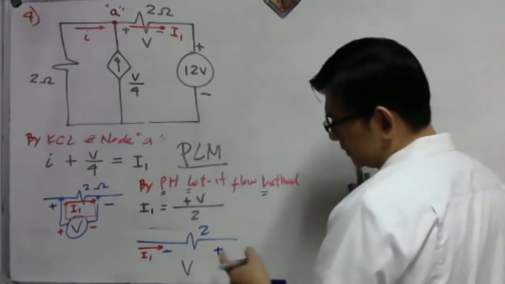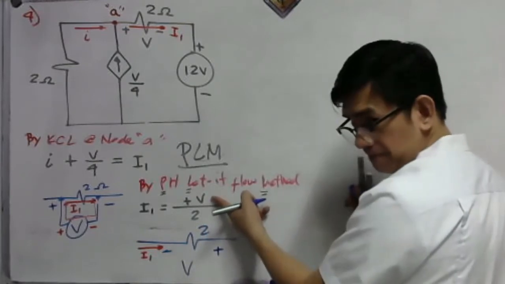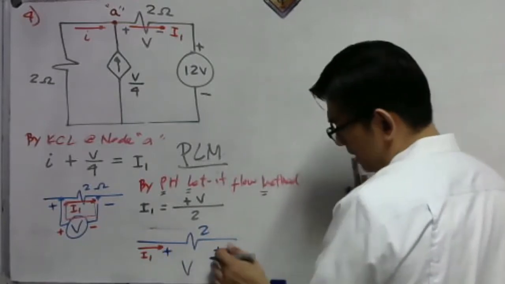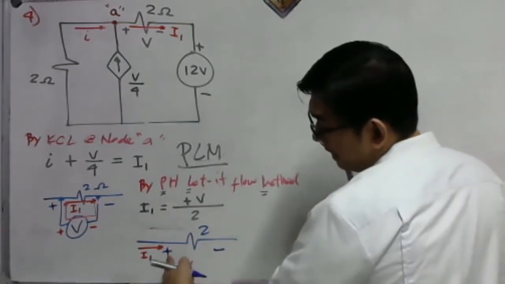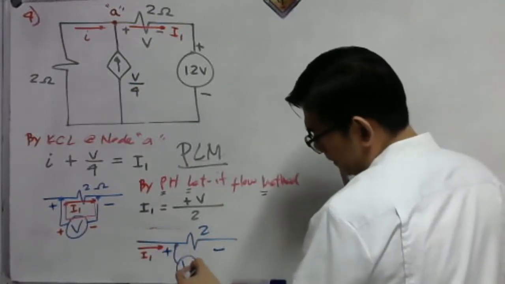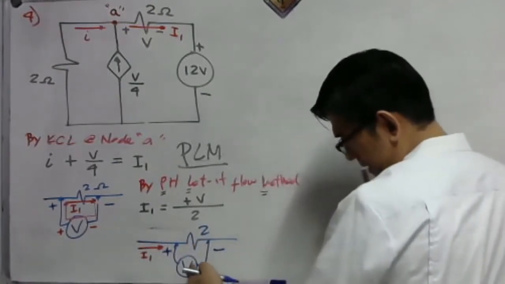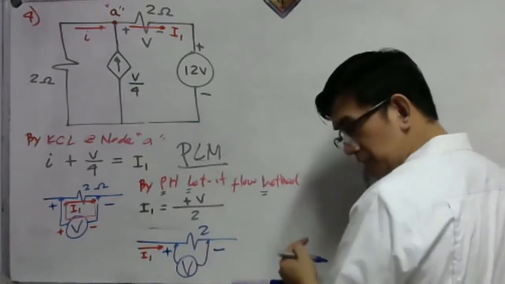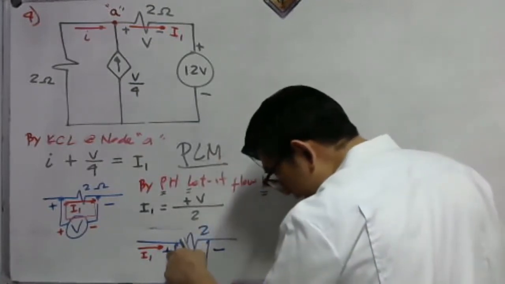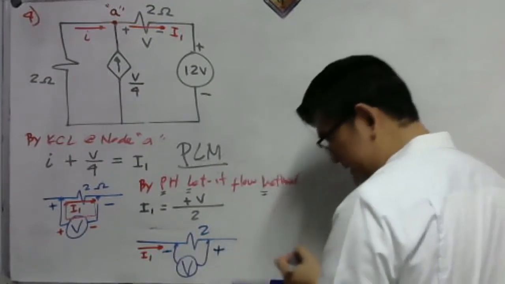So this simply means we have to make this B as negative B. If the current enters on the positive of the voltmeter, that is positive B. Then, if it enters on the negative, this is negative and this will now become positive.